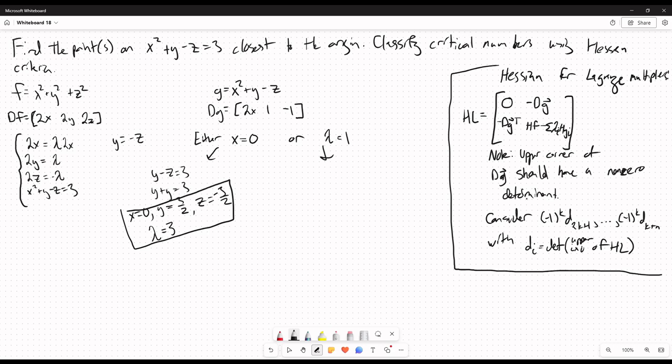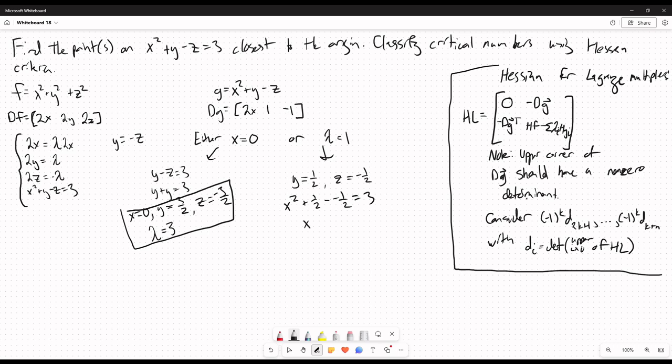Otherwise, lambda equals 1. If lambda equals 1, then we know that y has to equal 1/2 from our second equation. Z has to equal negative 1/2 from our third equation. And that leaves us with x squared plus 1/2 minus negative 1/2 equals 3 from our fourth equation.